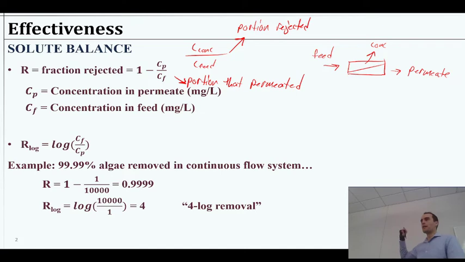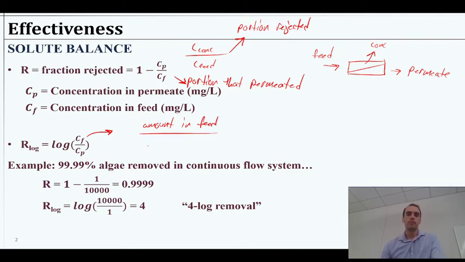That's how many times more we have in the feed than made it through. And by taking the log of that, that gives us, let me describe this a little better, the amount in the feed divided by the amount that escaped.